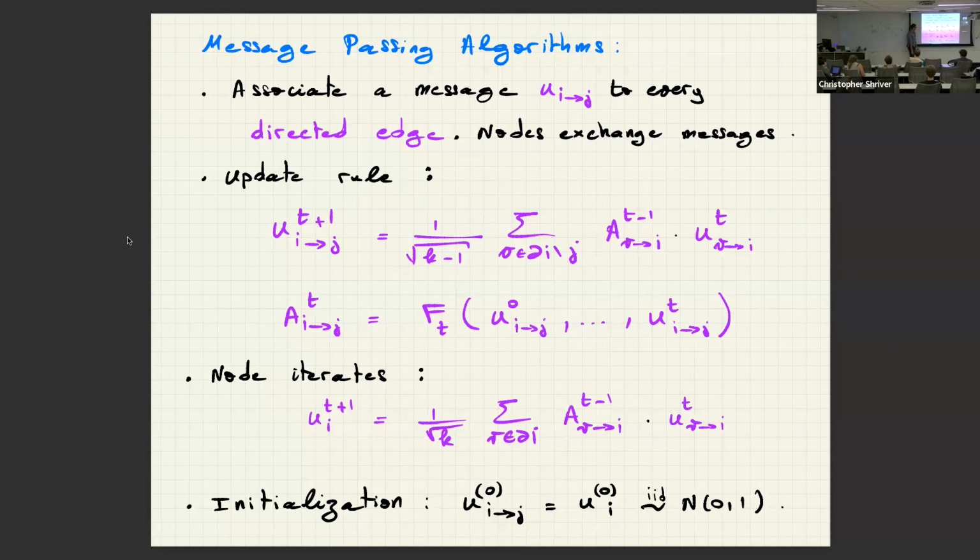Instead of removing a vertex here, you can just sum over all the neighbors, and that gives you a value, a statistic for a particular node. So you can do this iteration and then do this one as well, and that gives you an algorithm. You can initialize with IID, so these are the omega i's that I showed you.